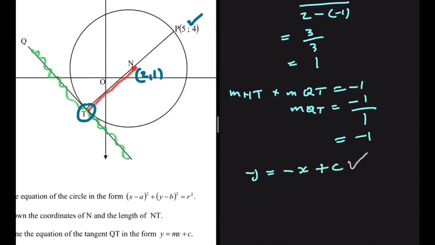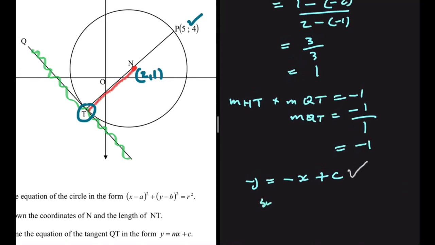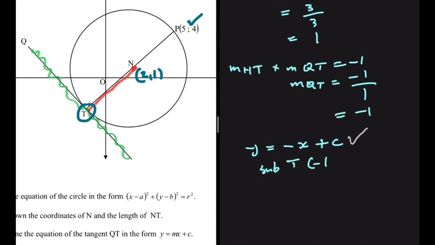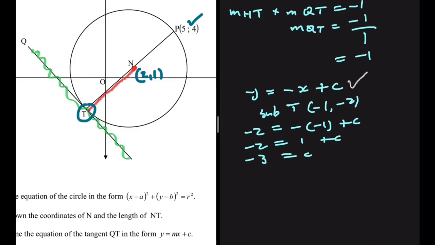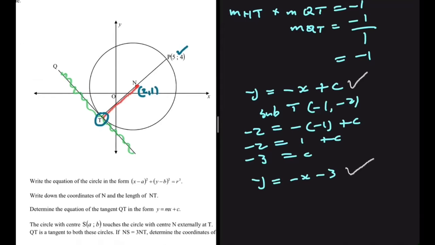Now we just need to find c. We're going to substitute the coordinates of T, minus 1 and minus 2. If we do that, we get minus 2 in place of y and minus 1 in place of x, plus c. So minus 2 is equal to 1 plus c, minus 3 is equal to c. So now we have y equal to minus x minus 3. And now we have the equation of QT.